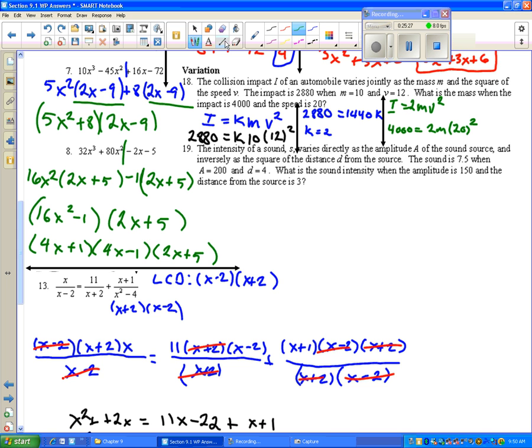Okay? Draw my little line. So I know that 4,000 is equal to 20 squared is 400 times 2. So this is 800 m. I'm going to divide both sides by 800.